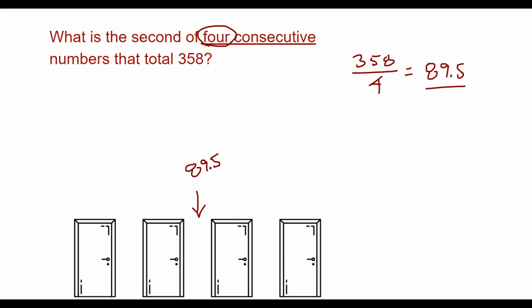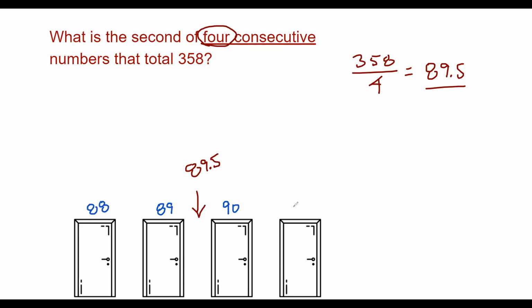So what is the second of 4 consecutive numbers? We're talking about just consecutive numbers here, not even like in the previous problem, not odd, just consecutive numbers. So the number before 89.5 is just 89. The number after that is 90. The number before 89 is 88.